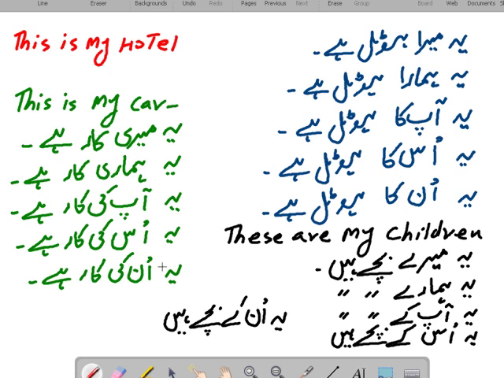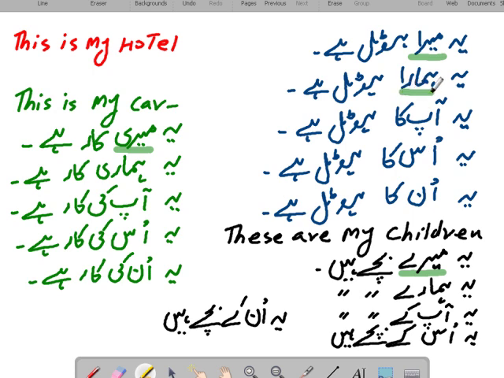So notice one thing, that we have word मेरा, and for feminine मेरी, for plural मेरे. So मेरा, मेरी and मेरे. मेरा होटल, मेरी कार, मेरे बच्चे.